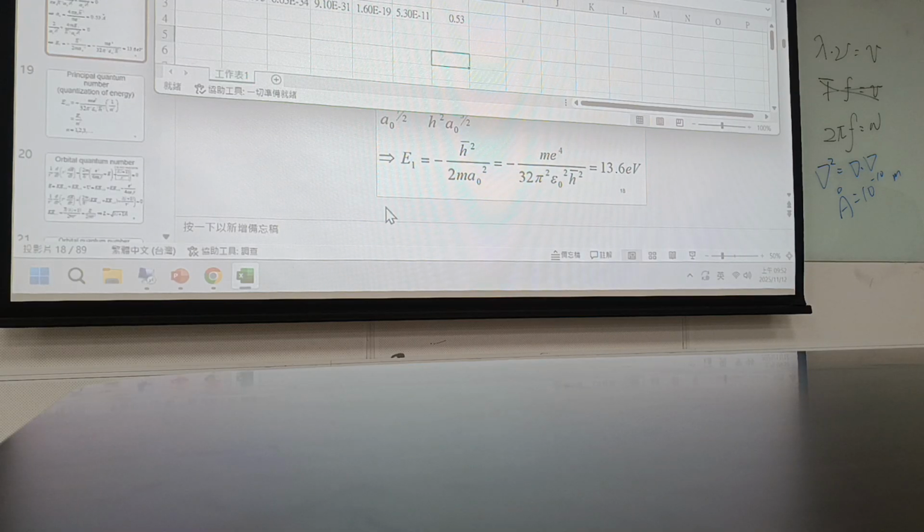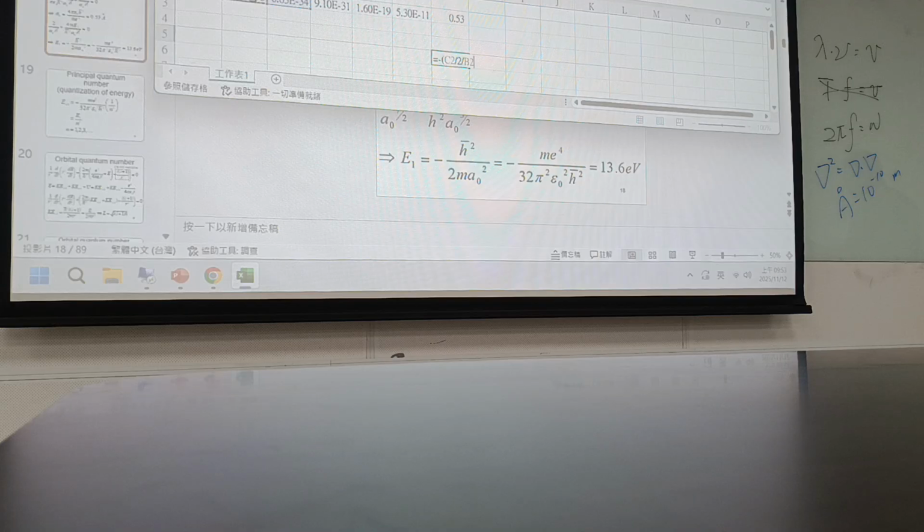So E1 equal to minus Planck constant square, minus this one, divided by 2 pi.